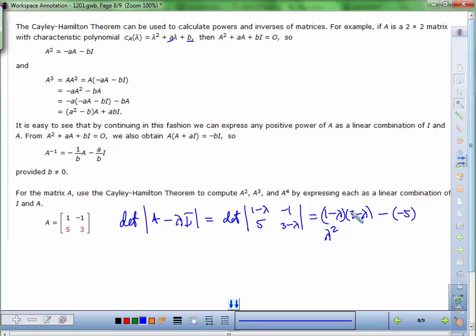The middle term is -1, -3, so -4 lambda. So that's going to give us our a value. And our last term here is 3, and then you add 5 to it and you get 8. So in our case, a is equal to -4 and b is equal to +8. Right?